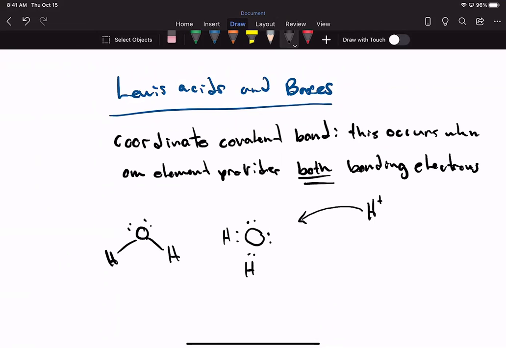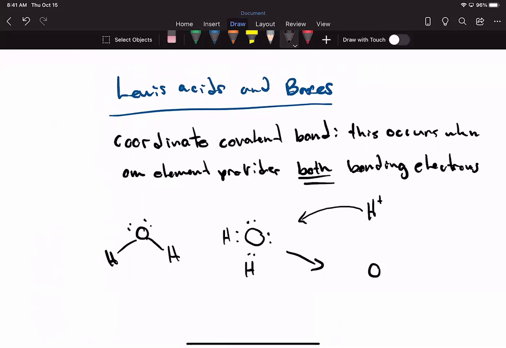Hydrogen has one proton, one electron, but H plus means that we've lost that electron, and now we just have simply one proton. So what do we get from this, right?